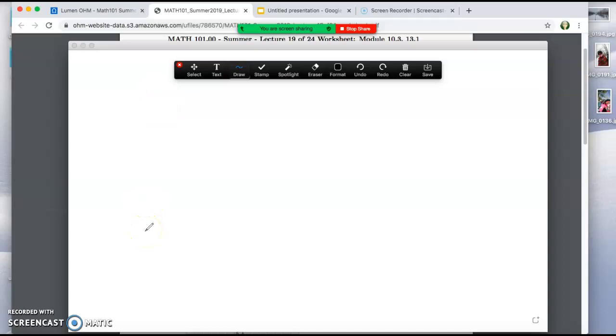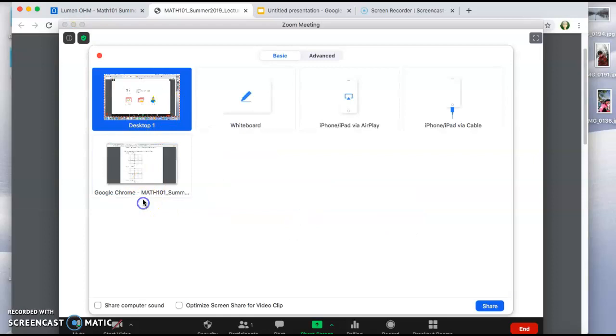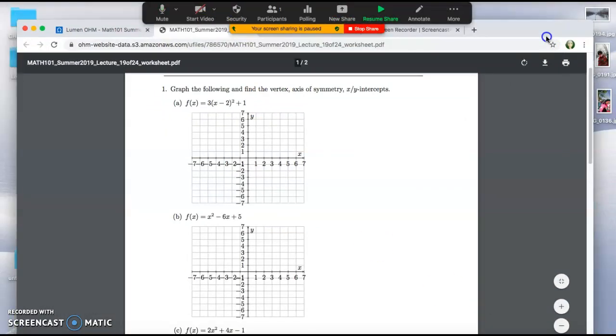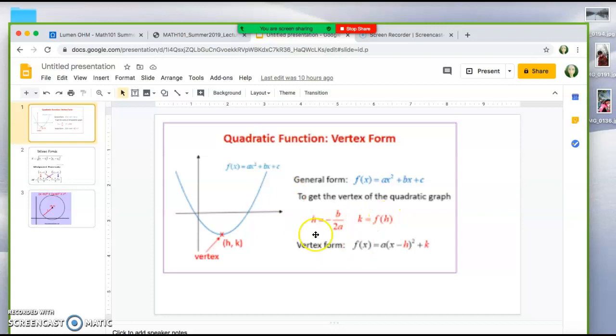So we know that we have a vertex form. As you remember from lecture 18, there's a general form, which is ax squared plus bx plus c, and then vertex form as a function of x is a times x minus h squared plus k.